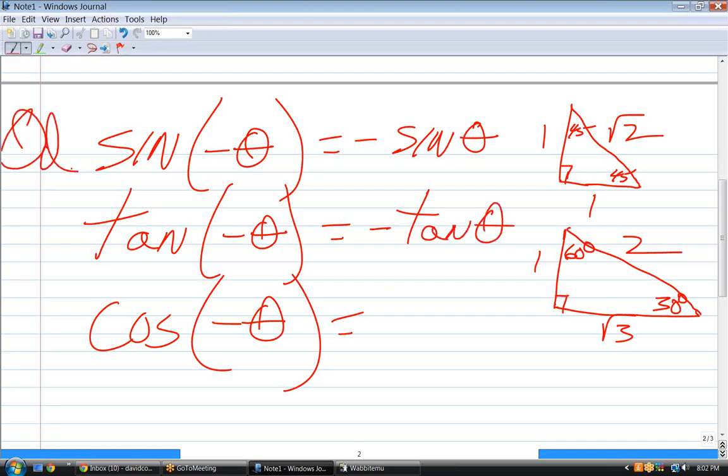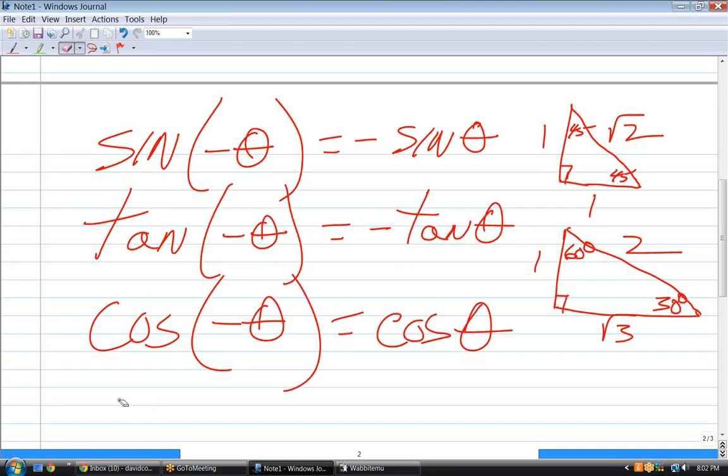Cosine is even, meaning cosine of negative theta equals cosine of theta. In other words, these have the same properties that your polynomial functions had that were odd or even. And that's worthwhile because they frequently give you your inverse sines and tangents as negative angles instead of positive angles. So at some point you're going to have to deal with these properties.